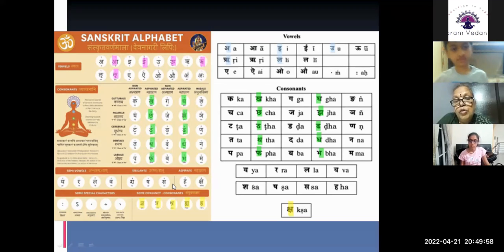Non-aspirated, while pronouncing, you don't exhale. You don't breathe out. These aspirated ones, while pronouncing, you have to exhale, breathe out. That is the main difference between aspirated and non-aspirated.